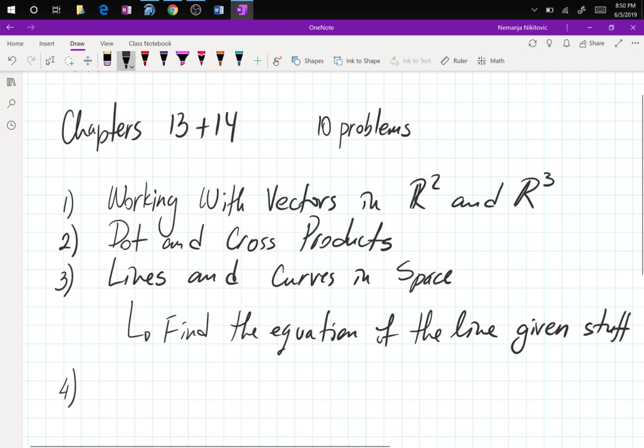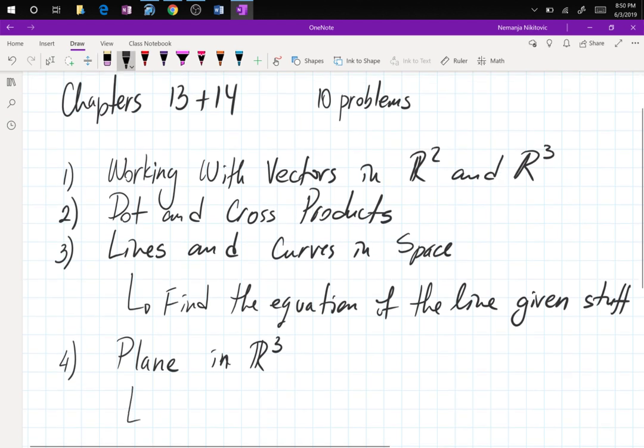Number 4. Plane in obviously R3. So that will be find the equation, right?